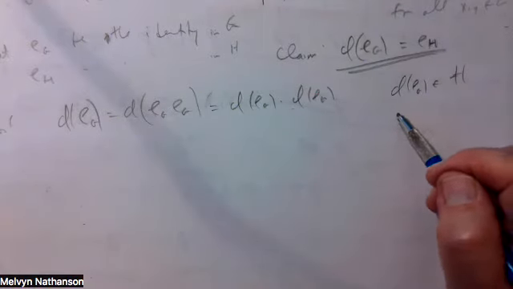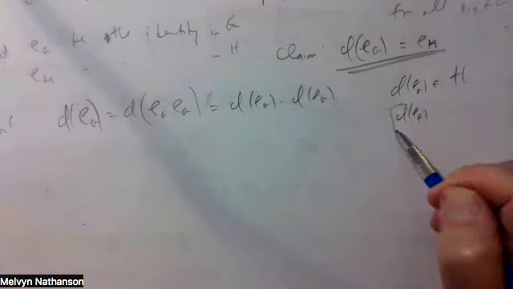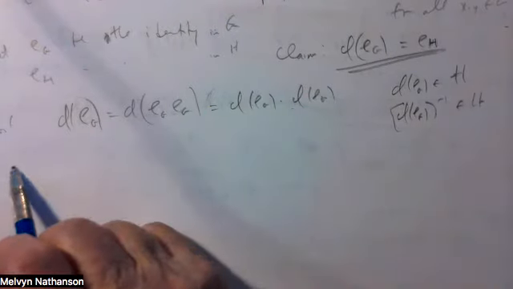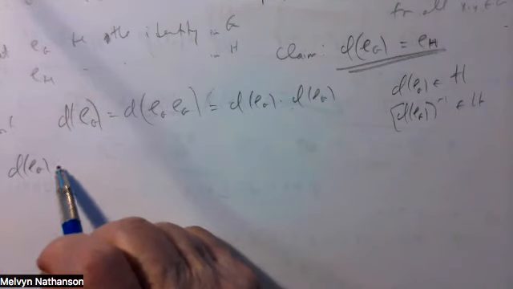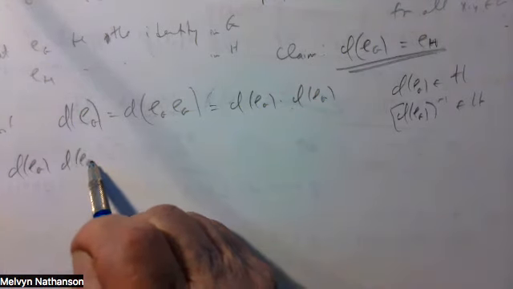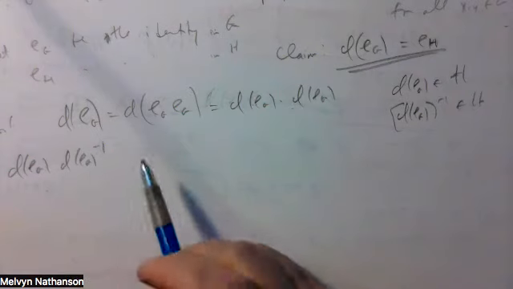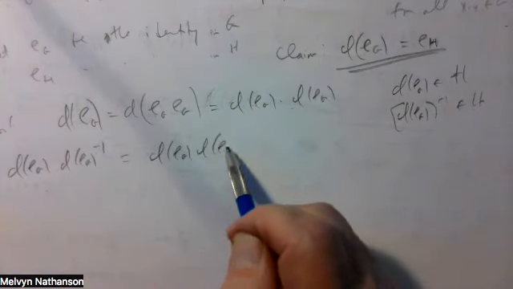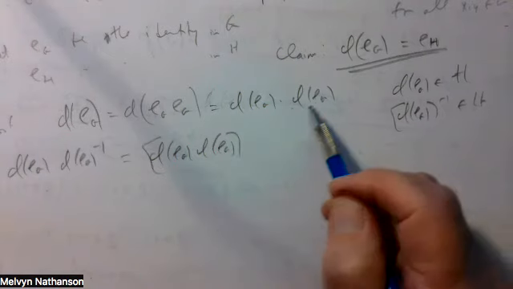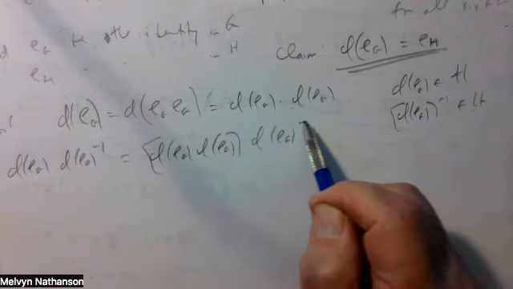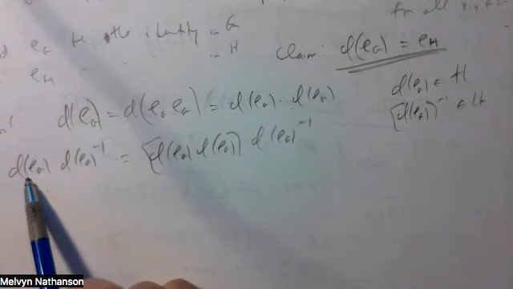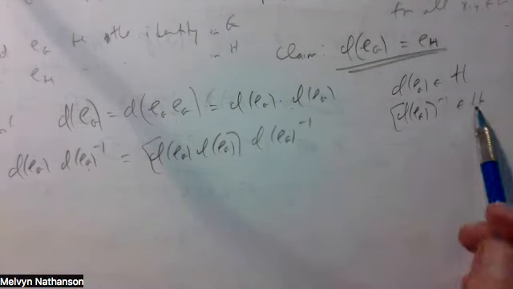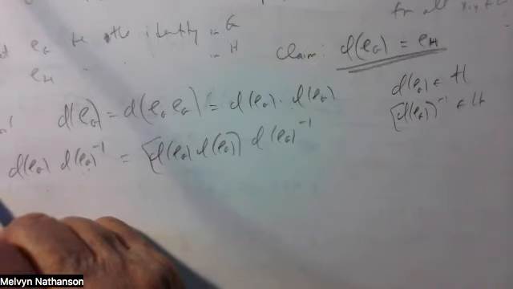So there exists phi of EG inverse in H. So if you multiply phi of EG times phi of EG inverse, that's phi of EG times phi of EG times phi of EG inverse. Multiplying an element by its inverse gives you the identity in H. This is E sub H.